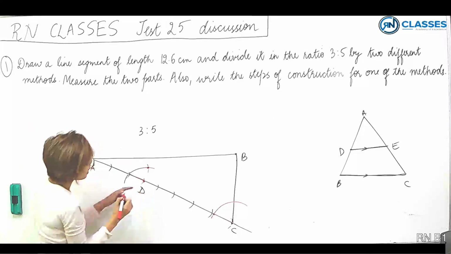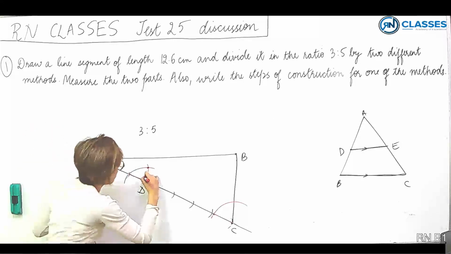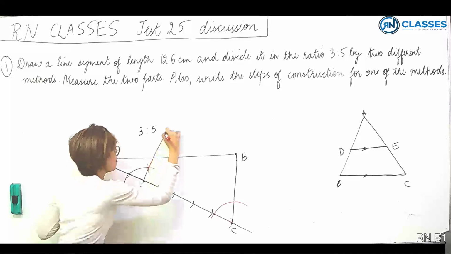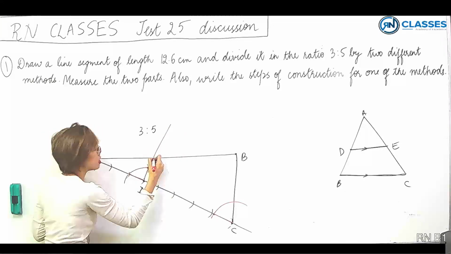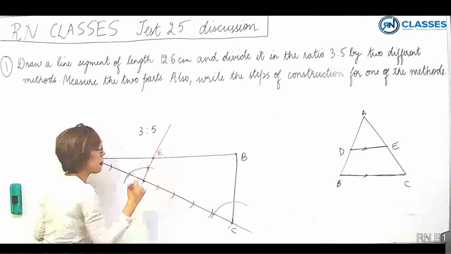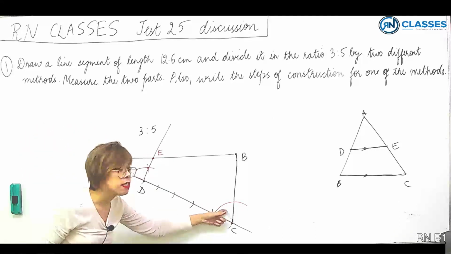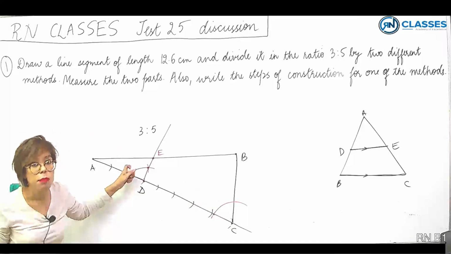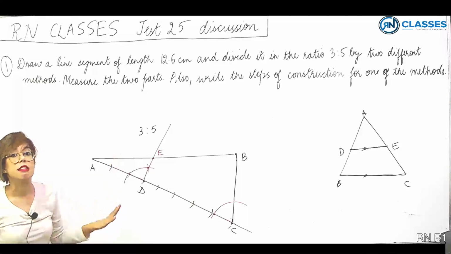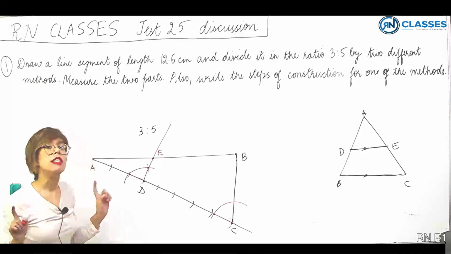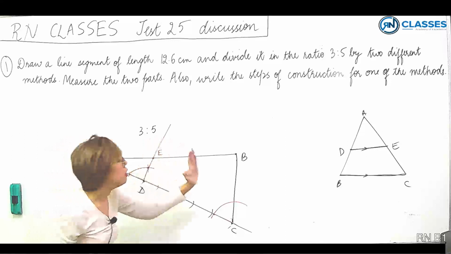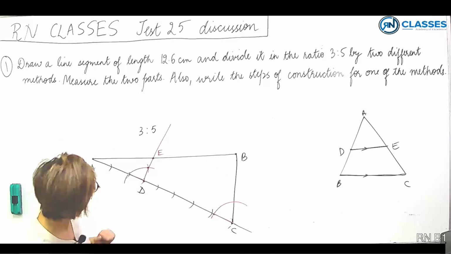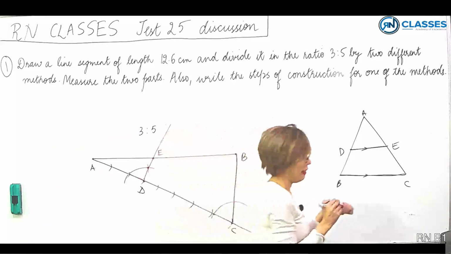So I'll join D and this point and extend it so that it intersects AB at this point, which is E. I'll make sure that this angle and this angle are equal, because corresponding angles in the case of parallel lines are equal. So we can say that DE is parallel to BC. The lines don't look quite parallel, but okay, fine.